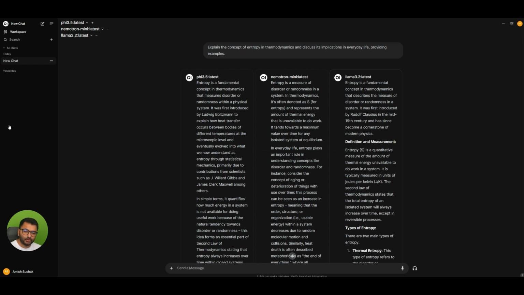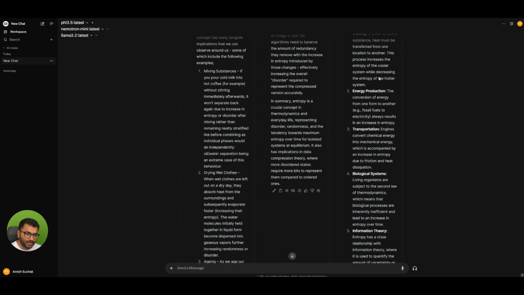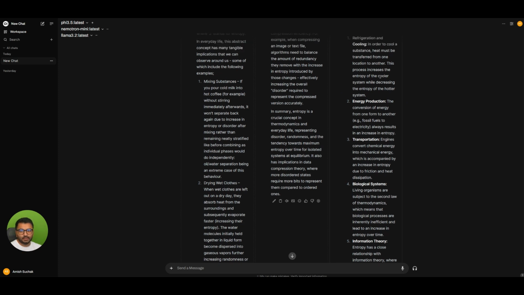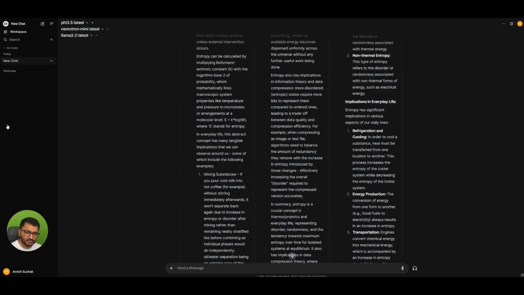When it comes to things like explaining entropy, the Phi 3.5 model is definitely going to be a lot more elaborate. It gives a lot of examples as compared to the LLaMA or the Nemotron Mini model. So it is quite extensive when it's giving that response. That's the first thing to consider.